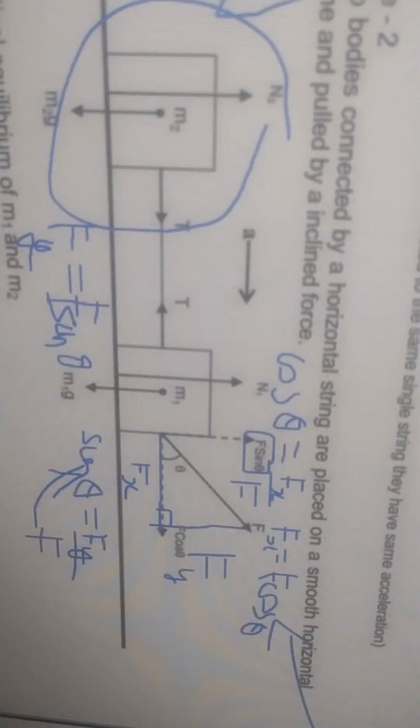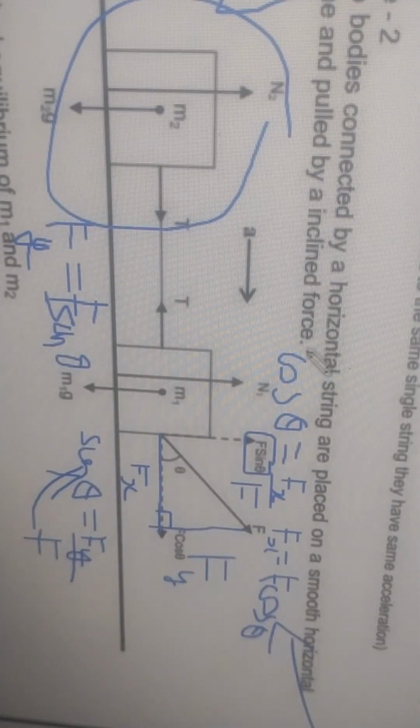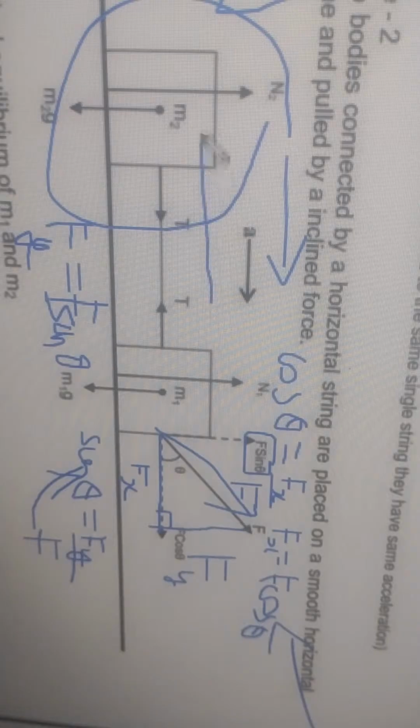When the two bodies are connected by a horizontal string, placed on a smooth horizontal plane and pulled by an inclined force, the force is in this direction and the body is pulled in the horizontal direction. So ma will be in the opposite direction.